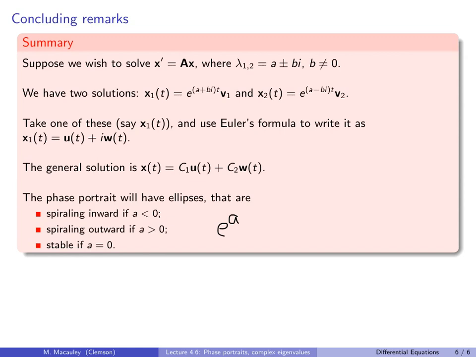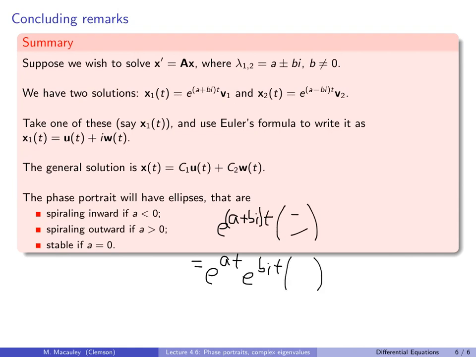If we have e to the a plus bi times t times some vector, we write this as e to the at times e to the bit times our vector.